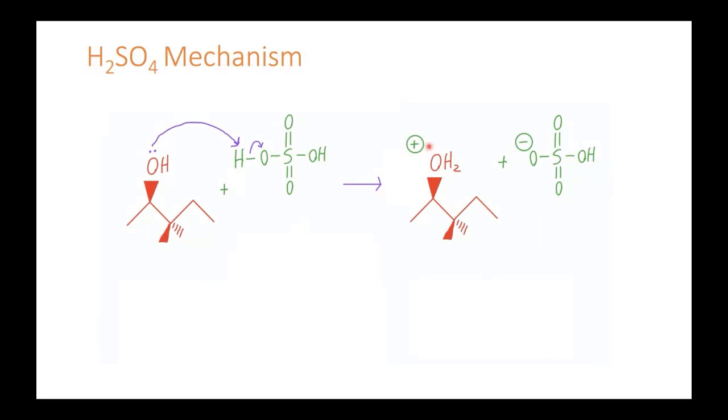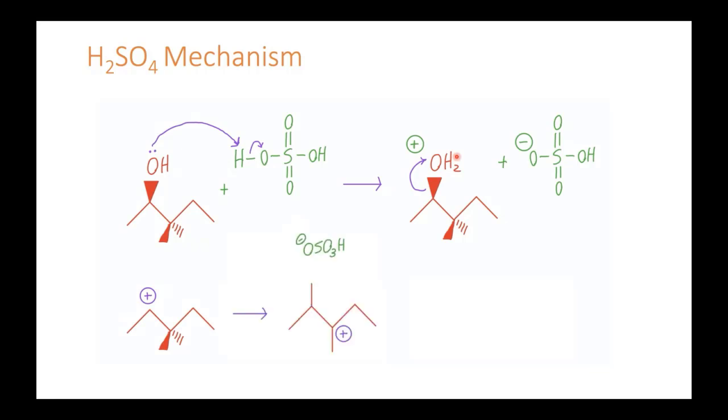It's stable, I guess, but it wants to leave at this point. Once it leaves, if it takes its electrons with it, it will be stable. It'll just be water. And so that is our next step. Oxygen, because it has a positive charge, will take the electrons with it, forming a positive charge in its place.